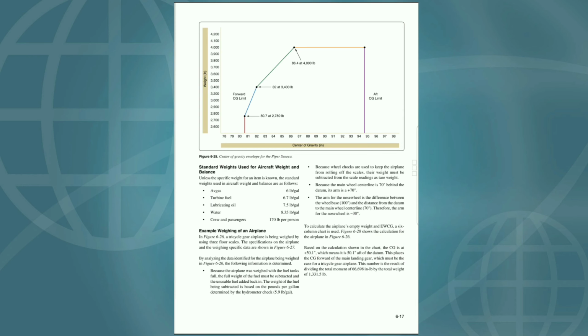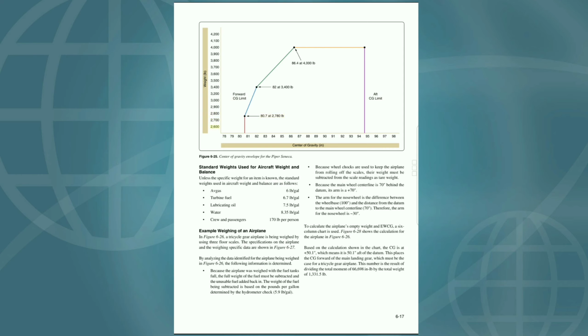Figure 6-25. Weight in pounds, from 4,200 down to 2,600. 86.4 at 4,000 pounds. 82 at 3,400 pounds. 80.7 at 2,780 pounds.